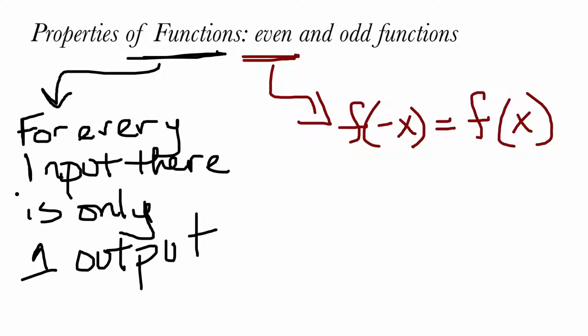Basically what it is saying is that if I were to plug in 3 into this function or machine, I would get out the exact same thing as if I were to plug in a negative 3. They still would only go to one thing. So whether it's 3 or negative 3, it still only goes to one output, hence a function. But if I plug in a 3 or a negative 3, it goes to the exact same thing. And that makes it even.